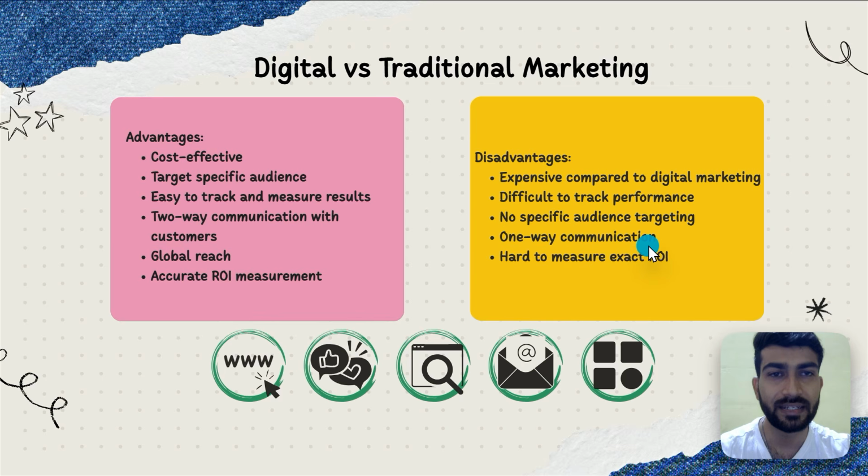If you are not getting any insights, any Google Analytics, any reports, then it is very difficult to measure the performance, whether what we are doing is going good or not. This is a huge disadvantage in traditional marketing.